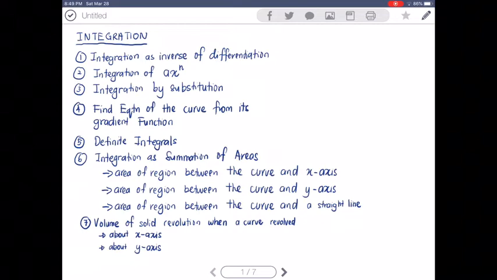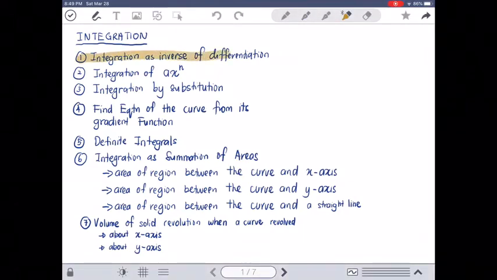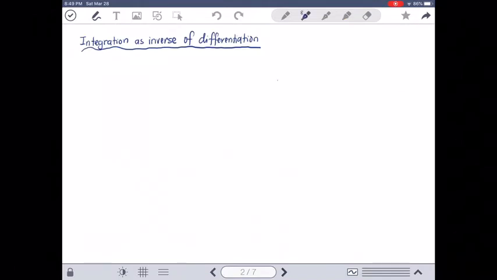Okay, we will start with the first thing, which is integration as the inverse of differentiation. So what does it mean by integration as the inverse of differentiation? Suppose that we have a function y.